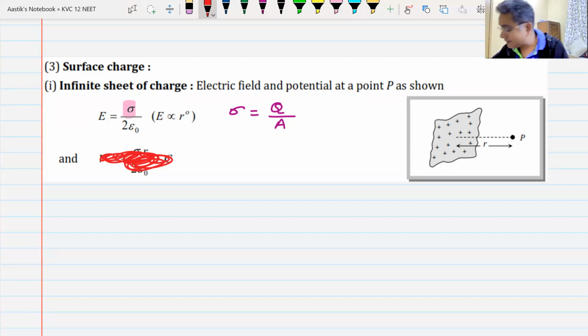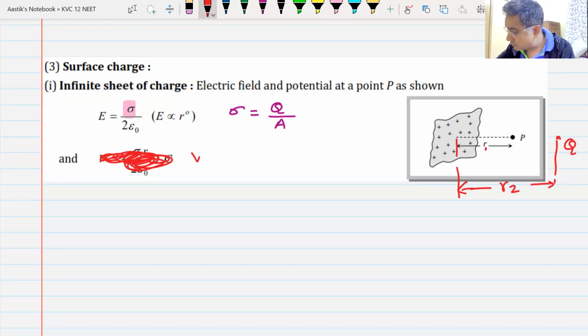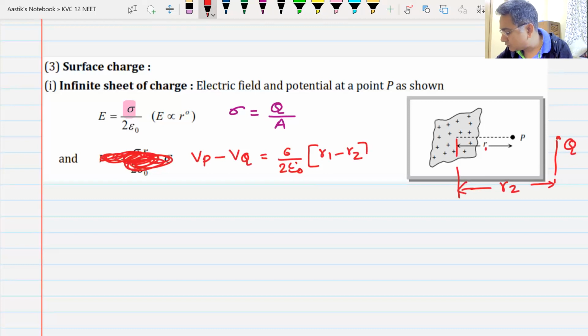If this is point P at distance R1 and this is point Q at distance R2, you can write Vp minus Vq as sigma by 2 epsilon naught into (R1 minus R2).